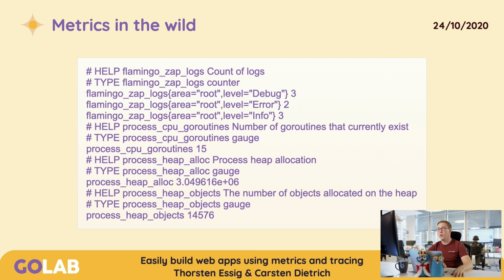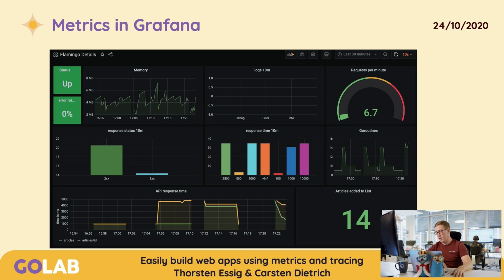So there is tooling to visualize those metrics, and one of them is Grafana, and you can simply build a nice looking dashboard out of those metrics, and you always see at a glimpse whether the service is healthy or not.